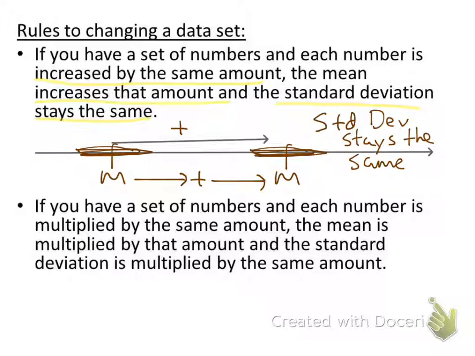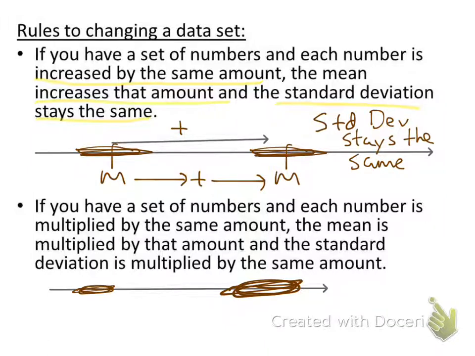Now, the last one we just looked at is when we multiplied. So now we're taking this set of data values and we're multiplying those values, and not only making them bigger, but we're actually putting them further apart.